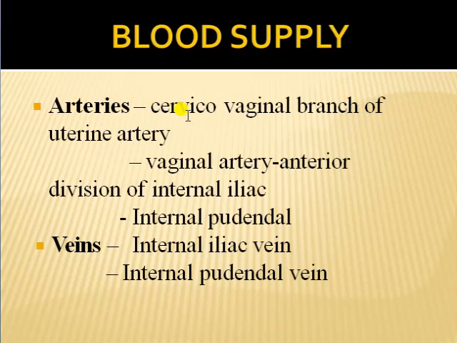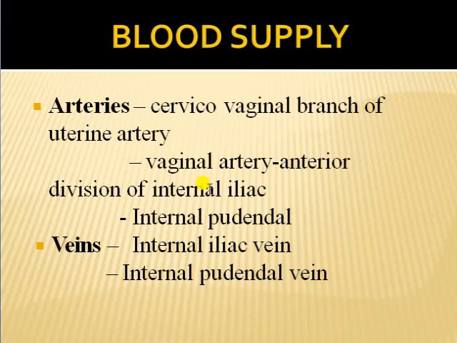Blood supply we already studied. The cervico-vaginal branch of the uterine artery is present, and the vaginal artery is present. These are divided into the internal iliac and internal pudendal arteries, and the veins are the internal iliac vein and internal pudendal vein.